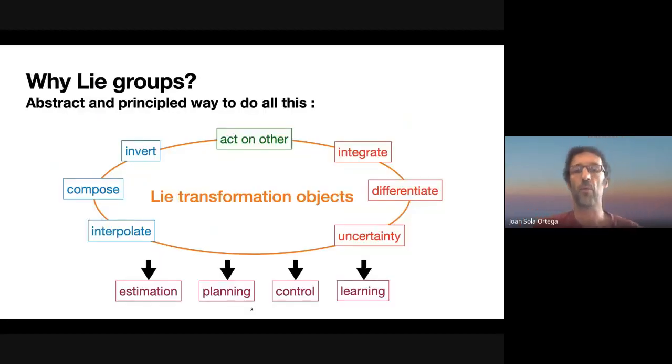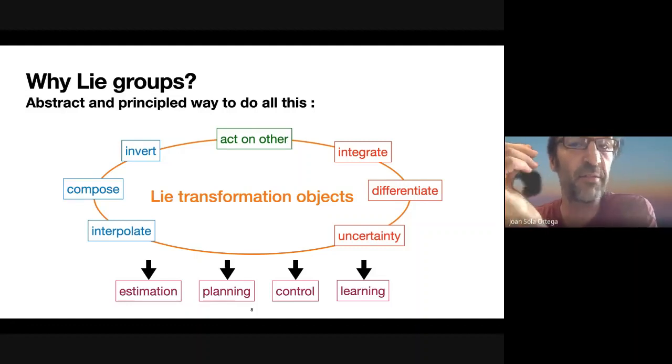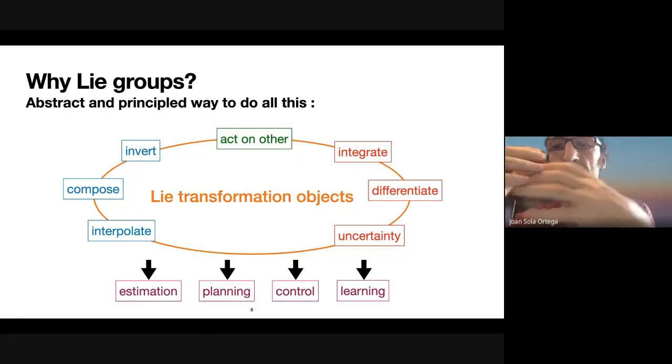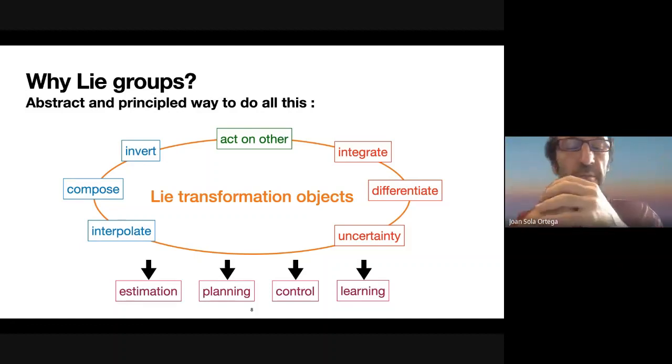Okay, so why Lie groups? Lie groups are powerful because we use them as transformation objects. We can rotate and translate. We can change the scale. We can produce skew transformations. We can do many different transformations to many different objects.